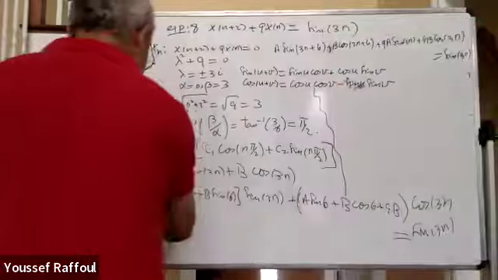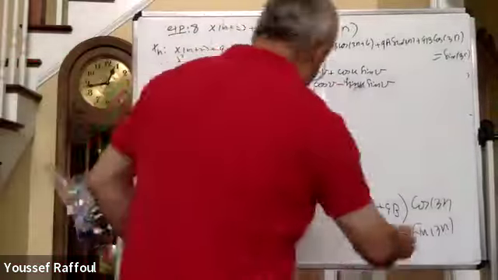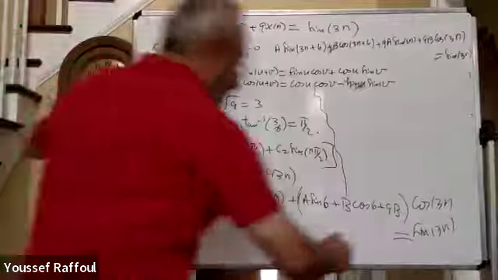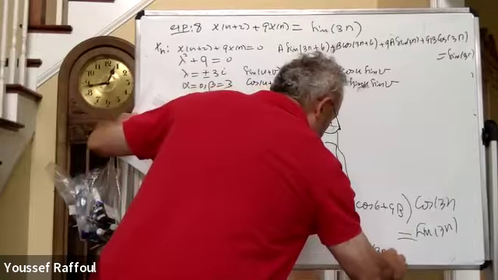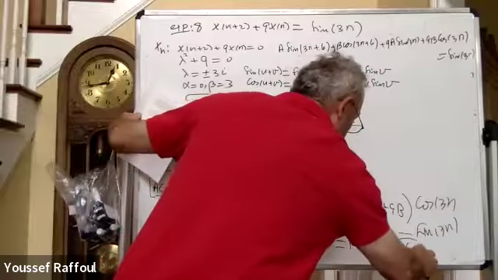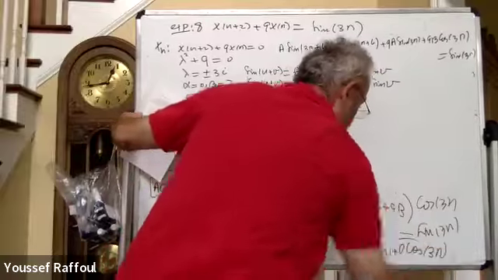So you have this equal to 1 times sine 3n plus 0 times cosine 3n.